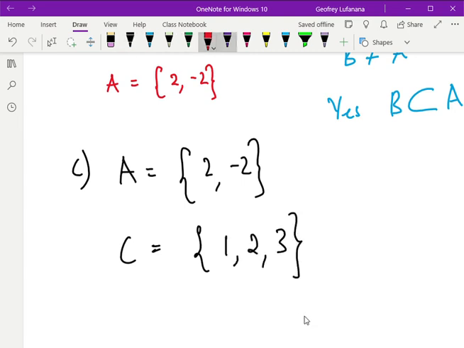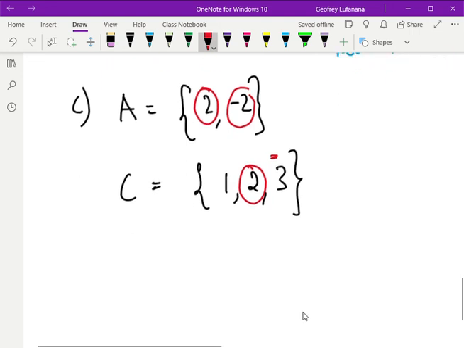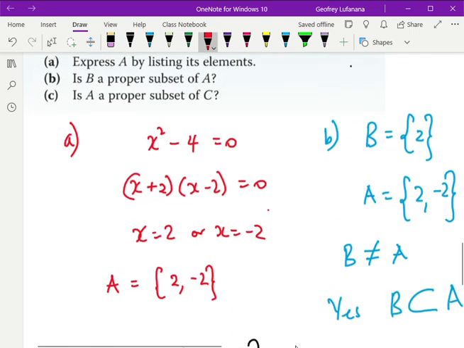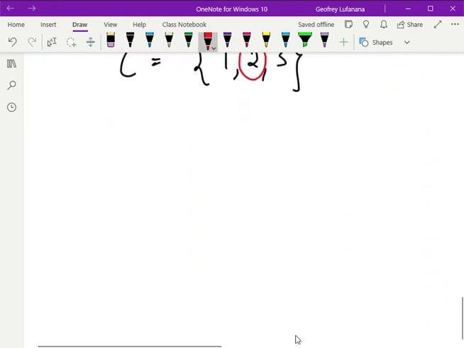So when we look at them, there is a 2 and a 2, and then there is a negative 2 in A, and it's not there in the set C. So that means that not all members of A are there in C. So to answer the question, is A a proper subset of C? No. A is not a proper subset of C.